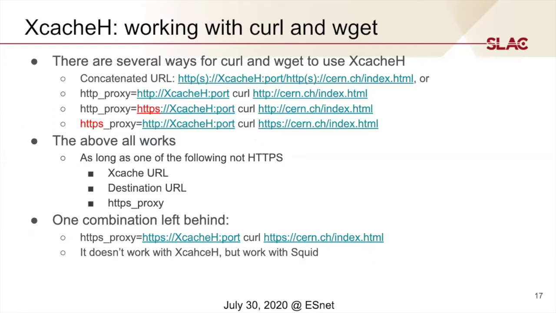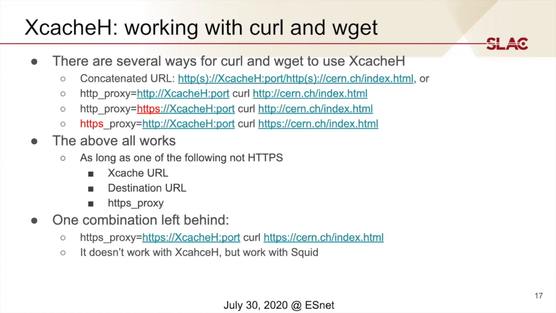We always want to have Xcache H working with curl or wget. In this context, curl and wget behave the same, so I'll just use one of them as the example. There are several ways for curl to work with Xcache H. One is, as I mentioned, you can use a concatenated URL, where you put the Xcache H URL prefix before the final destination. You can also use an HTTP proxy or HTTPS proxy.